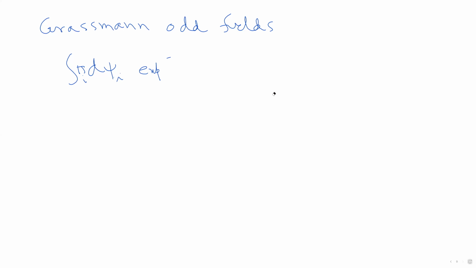So for fermions, let me write this not for fields but just for Grassmann odd variables. The exponential, this is antisymmetric.